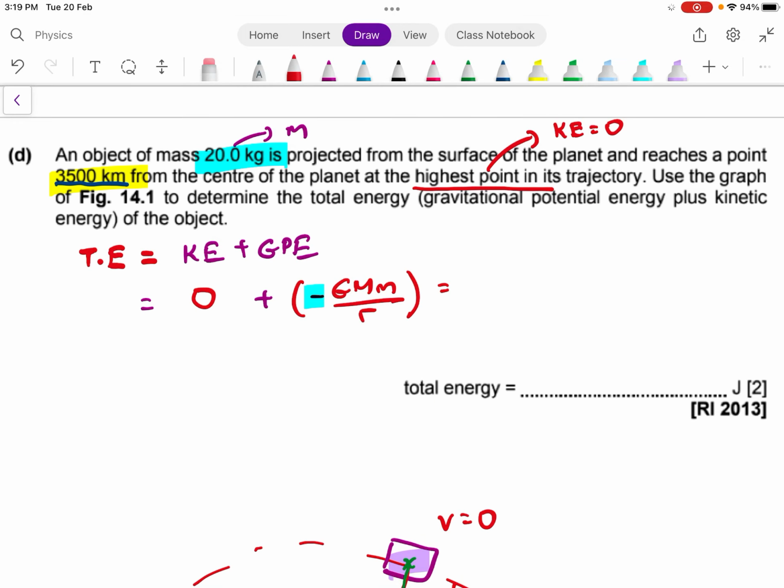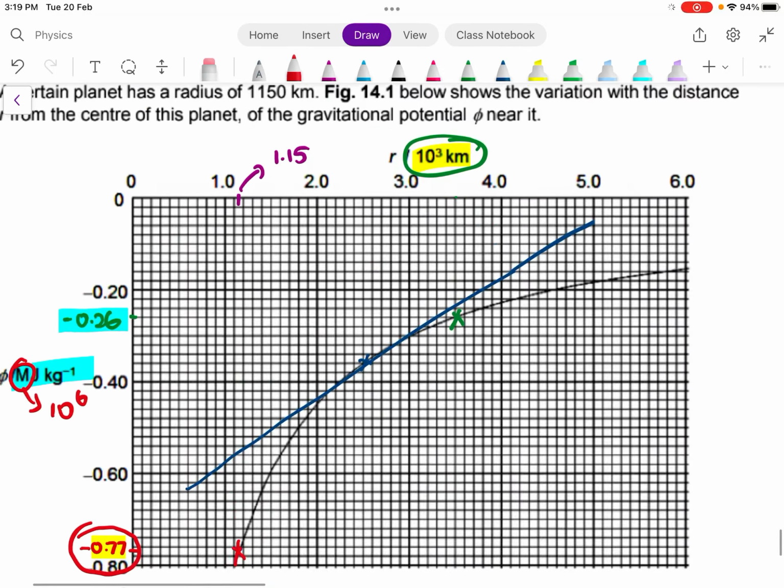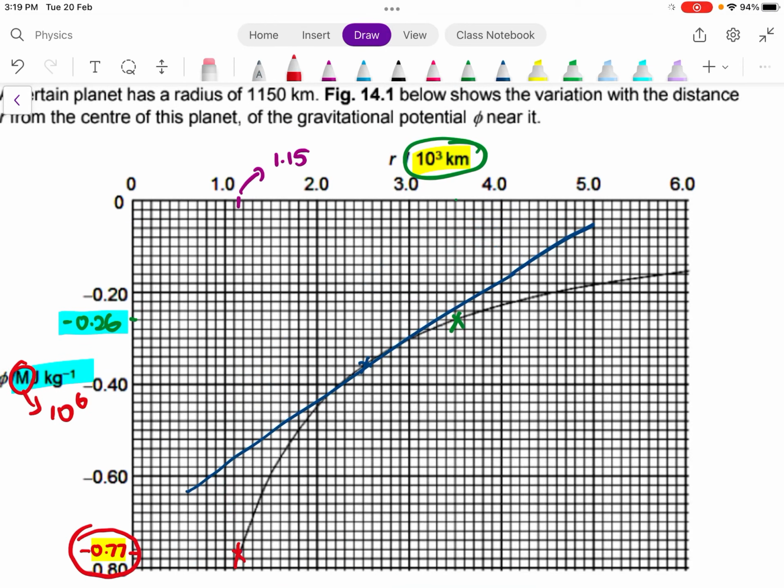So the KE plus GPE, where KE is 0. Then GPE is negative GMm over R. And we need to determine where is the point that we are interested in. Since it's about 3,500 kilometers, I need to go back to the graph. So it's roughly here. 3,500 is this point, and if you look at the graph, it's roughly about negative 0.26 times 10 to the power 6.